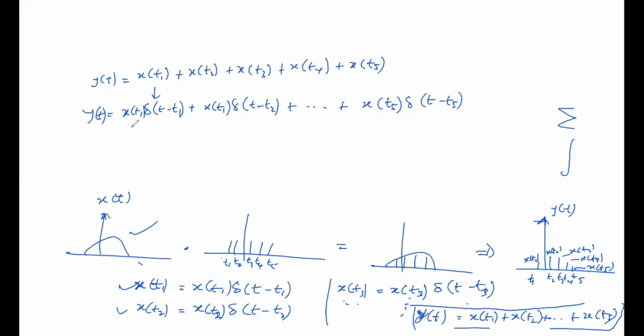So for the continuous time signal, Y of t can be represented in this case as the integral, taking a limit from t sub 1 to t sub 5, of S of t sub k times Dirac delta t minus t sub k.